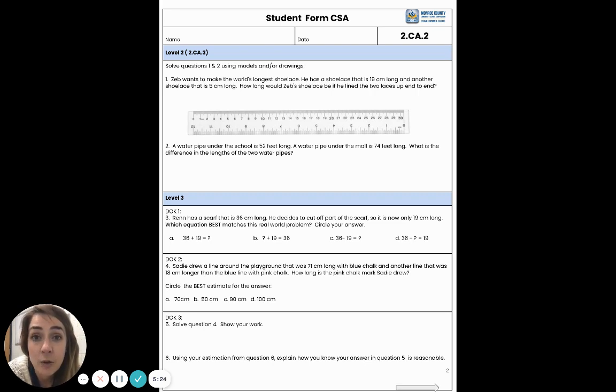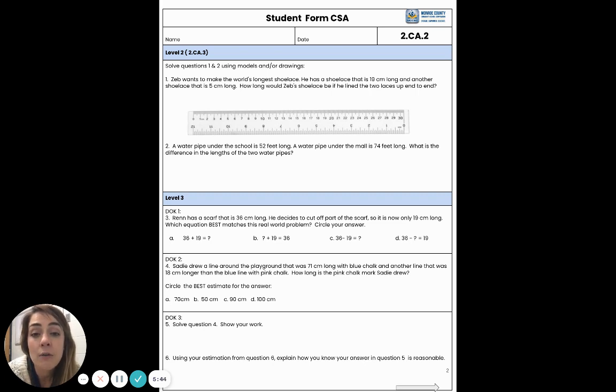Now, if you think back to our subtraction, I know that I always need to put the bigger number first. So I'm going to look at my 52 feet and my 74 feet. Which number is bigger, 52 or 74? 74 is longer.